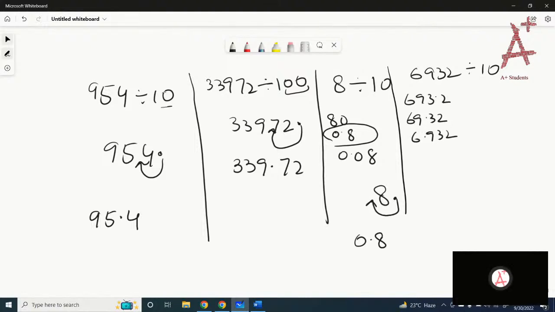So which option is the correct one? Yes, the first one, because you have just 1 zero over here. So that means you have to just move the decimal point one place left. So when you move it from here to here, it would be 693.2. Got it?